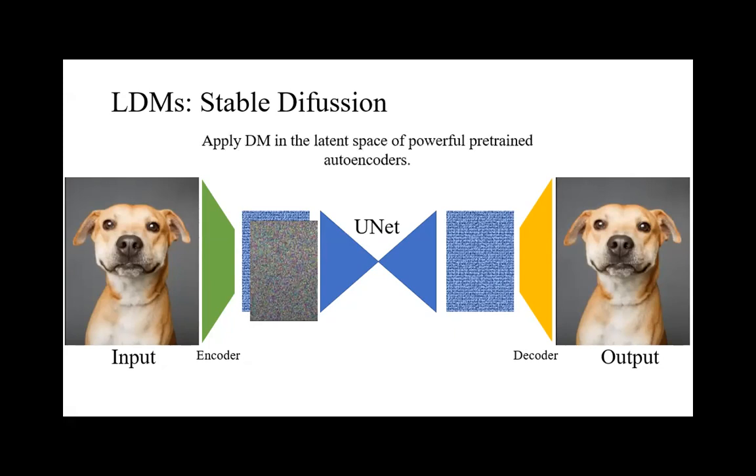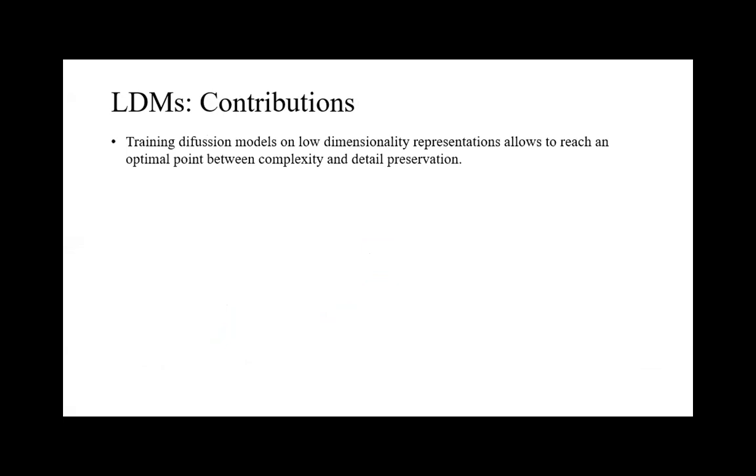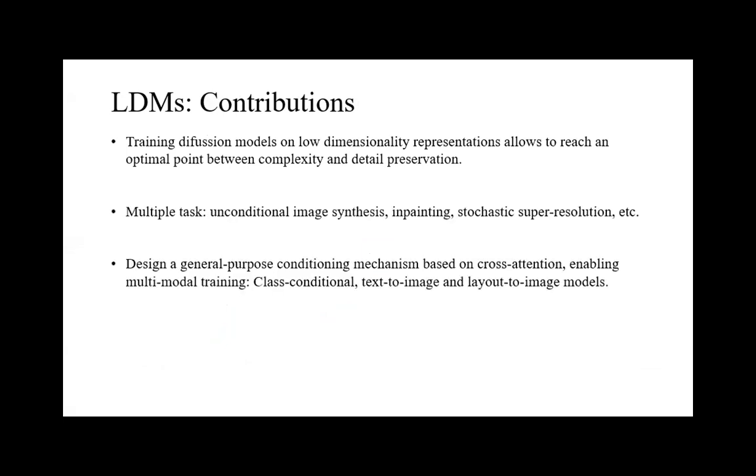As I already said, we apply the diffusion process in the latent representation of pretrained autoencoders. I'm going to explain later how they pretrain these autoencoders. The authors have 6 contributions, but I summarized them in 4. The first is training diffusion models on low dimensionality, which is the latent space, and this allows us to create new models that have less complexity while preserving the details.